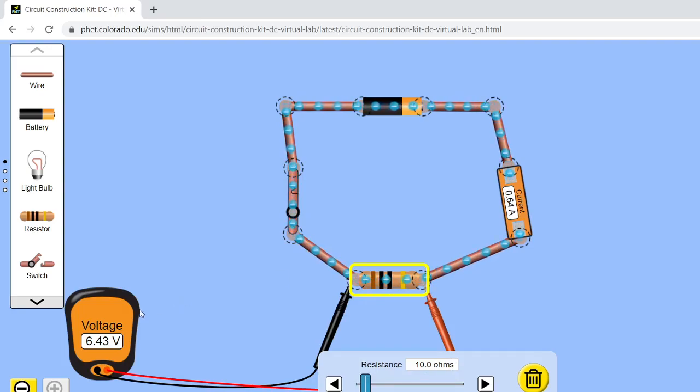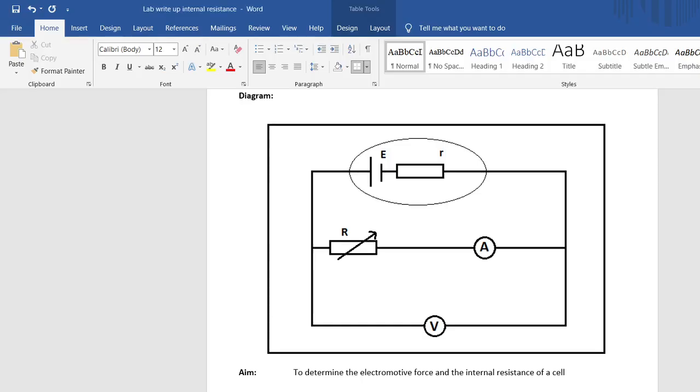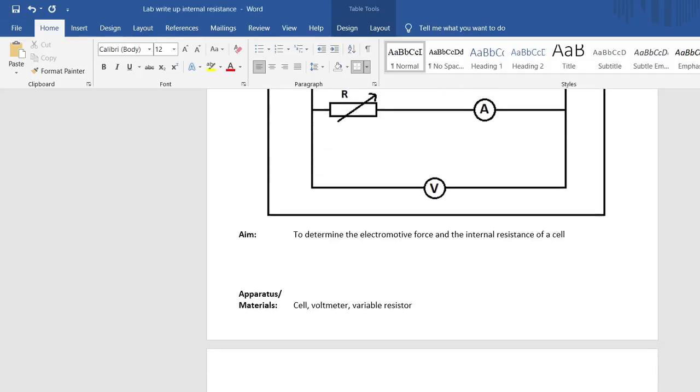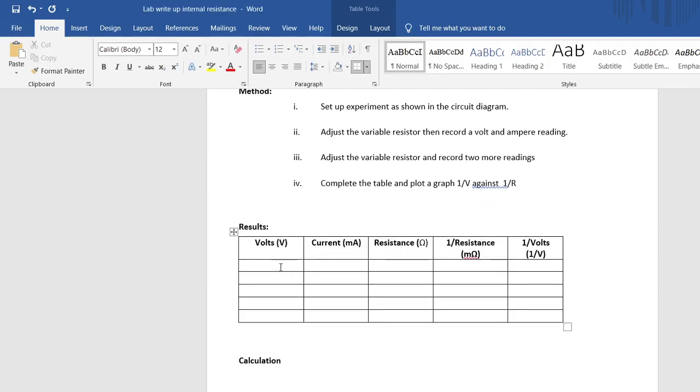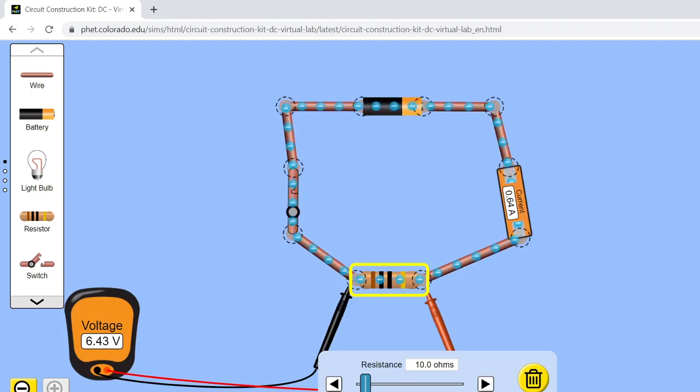Now we have a voltage of 6.43 and a current of 0.64. What we're going to do with that information: 6.43 and 0.64.